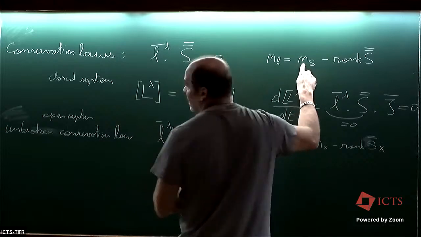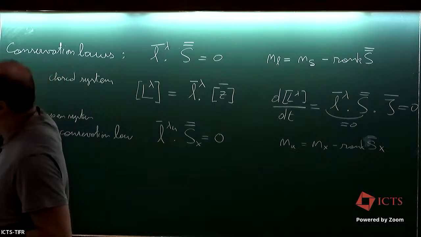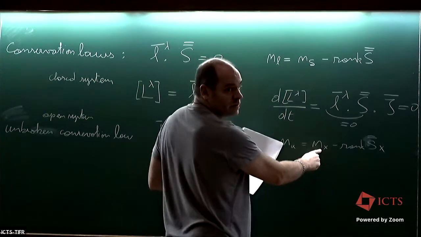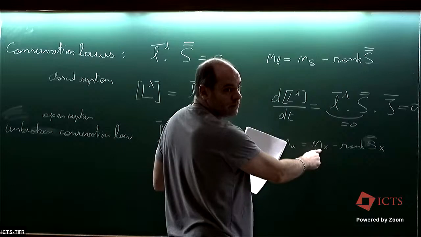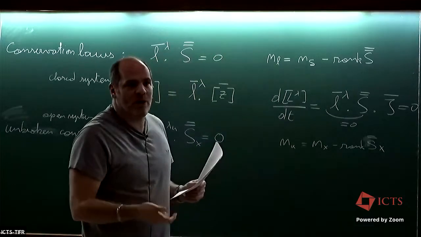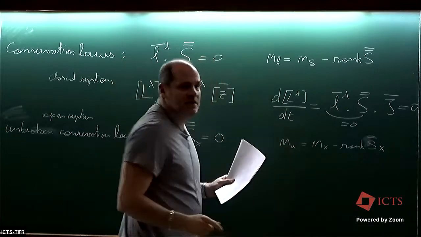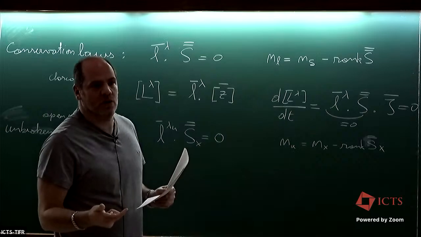So if I have here, how many species do we have? 4, 8. When I go from 8 to 7, I actually know that I'm always going to break a conservation law. So there's going to be one less unbroken conservation law.